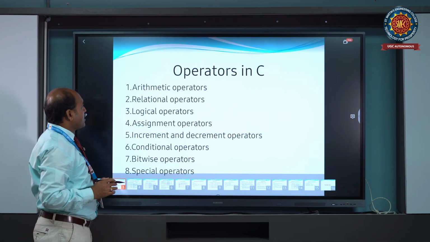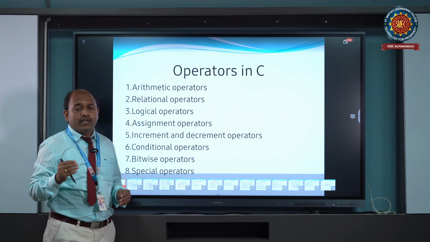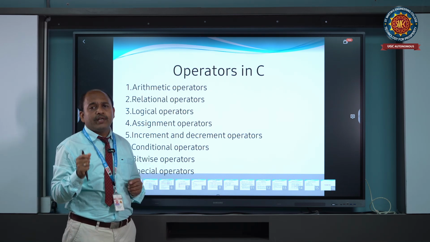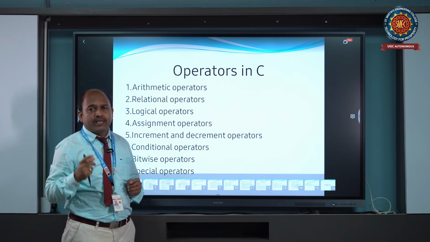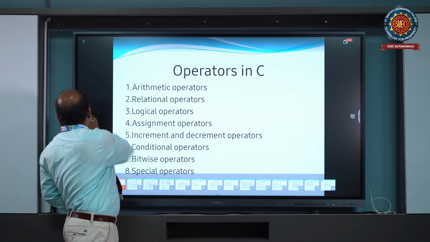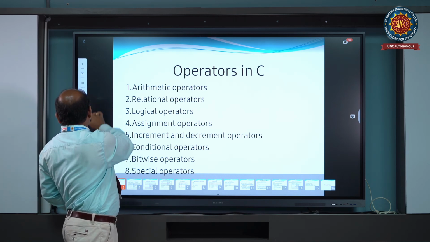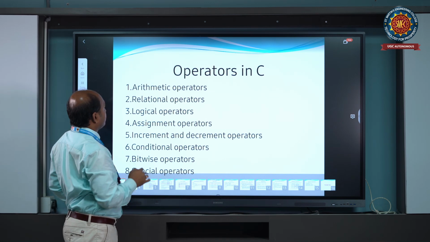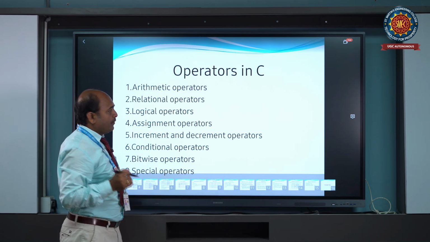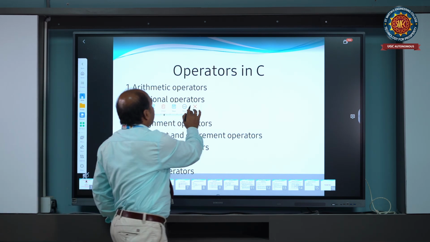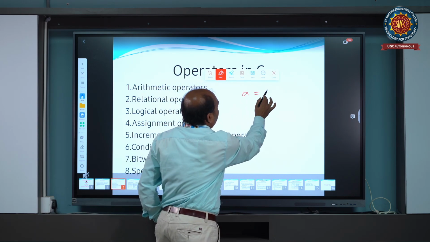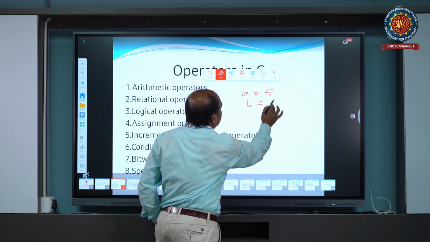The relational operator is used when I want to create a relation between two variables. For example, we can take A equal to 5, B equal to 6.